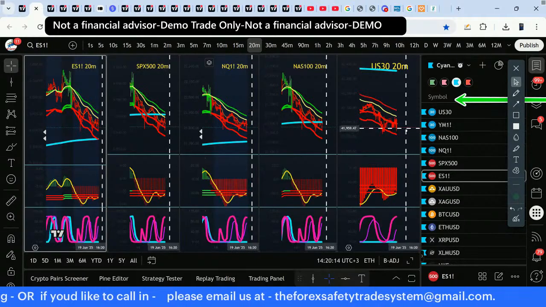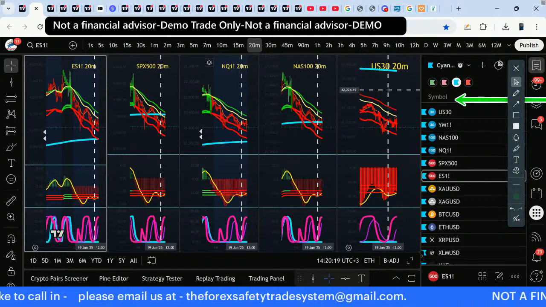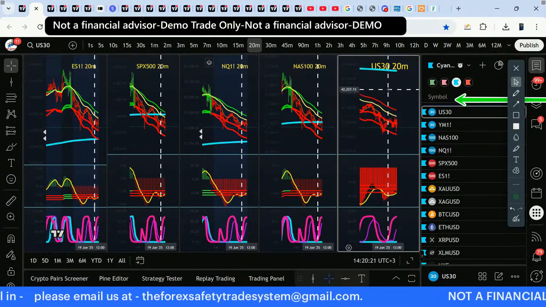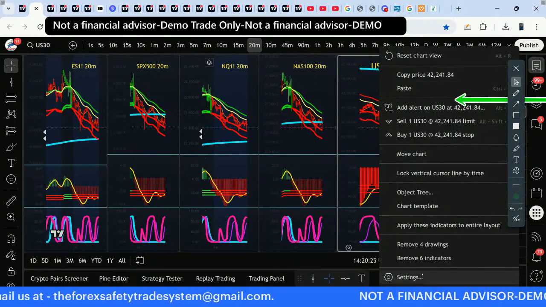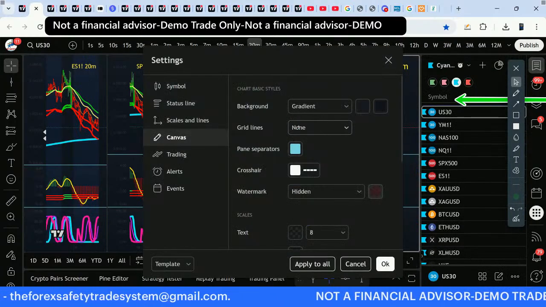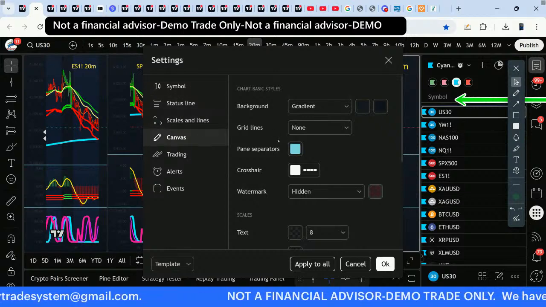How do I make that different on these charts? Hold on. Let me see something. Can I make price action status line separator?